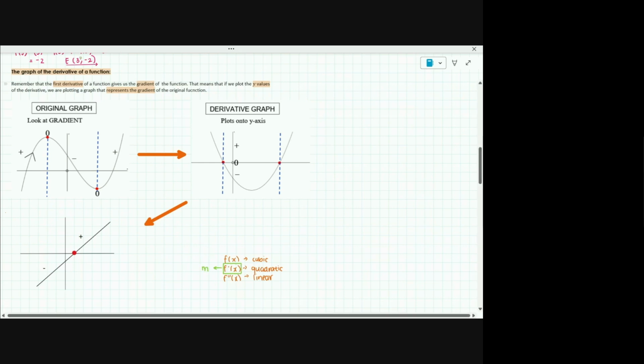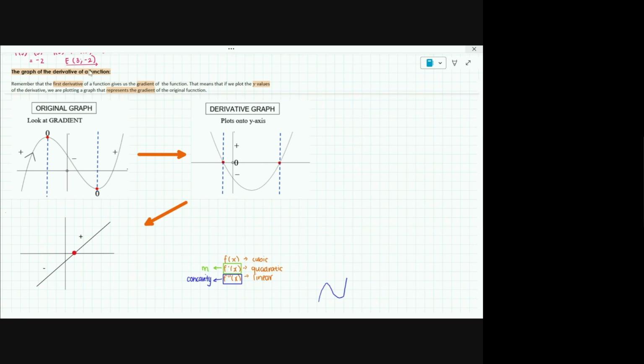Your second derivative talks about concavity. Concavity is basically where the curve of your graph changes from concave up to concave down. We did speak about these on Wednesday, but just in case, if you have a cubic function, it's not the best cubic function I've ever drawn in my life, there are two parts to it.